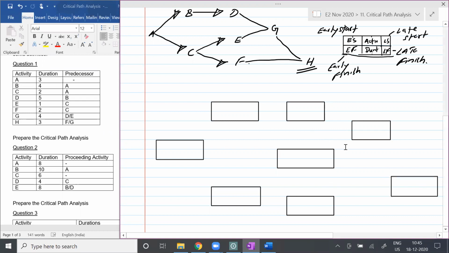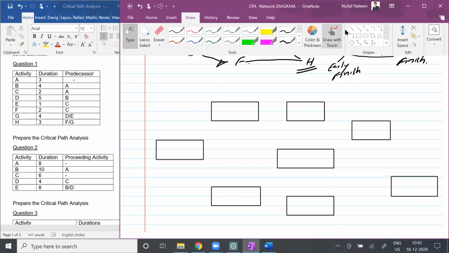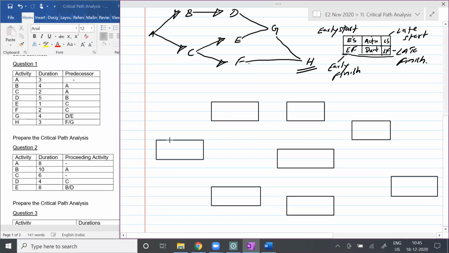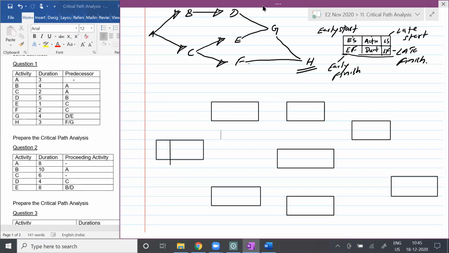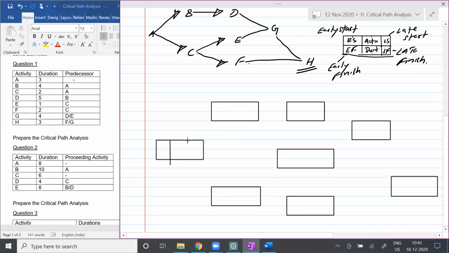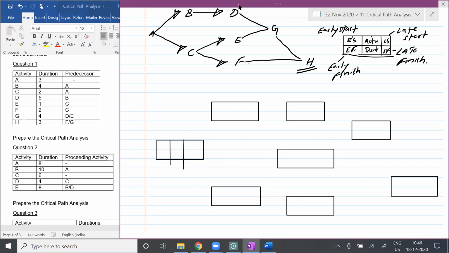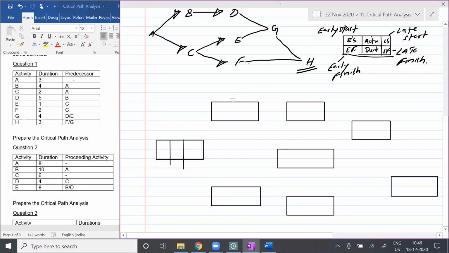So complete the boxes first. Students, after completing the boxes, you can say yes, then I will continue to explain.